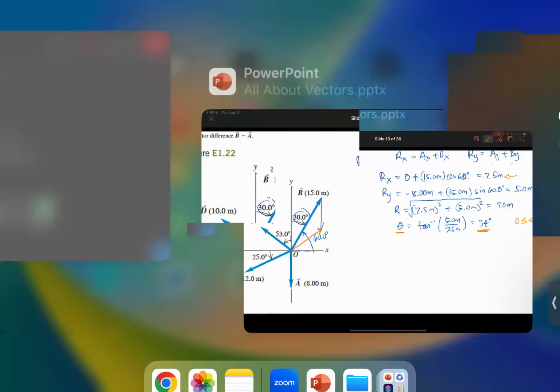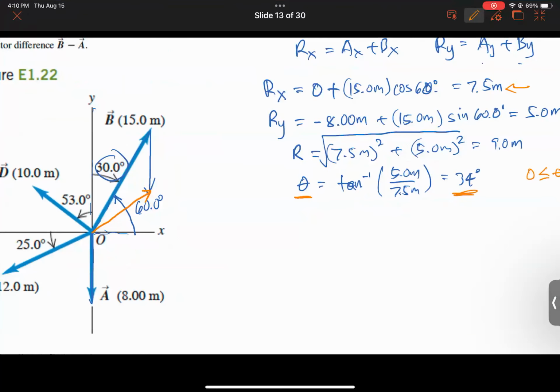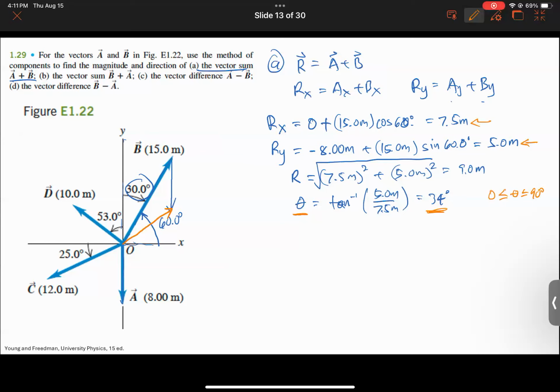And kung titignan nyo rito, this is about 34 degrees, diba? More or less. Okay, so lahat ng computation natin dito ay consistent. And that's how you can assure yourselves na yung ginagawa niyong solution is correct.